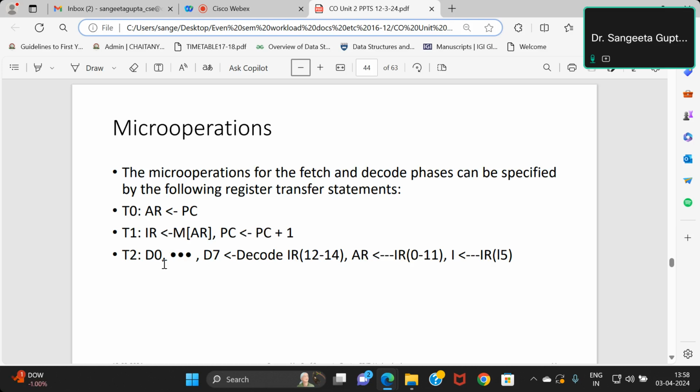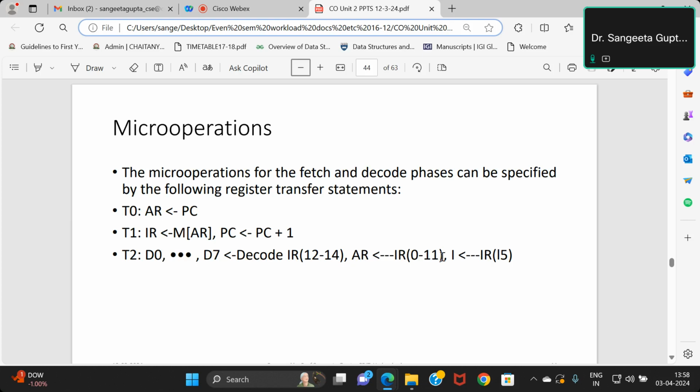Decoding is trying to identify the type of operation that can be performed on the instruction. The decoded outputs are represented as D0, D1, and so on up to D7. So a total of 8 decode symbols are used to decode the instruction, and our 16-bit instruction is decoded by considering the most significant bits, that is, from the 12th bit to the 14th bit.